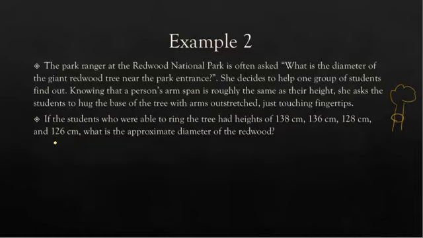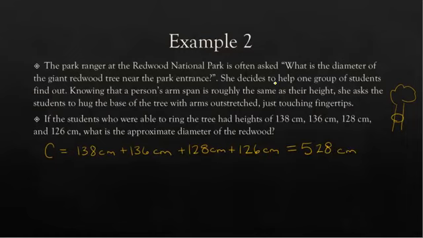So that's going to be the circumference. The total circumference is all of their heights, or their arm spans, added together. So 138 plus 136 plus 128 plus 126 is going to give us 528 centimeters.